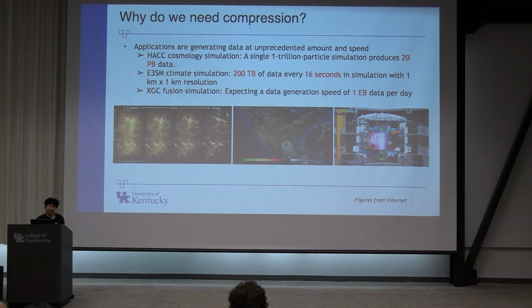An exabyte is something like 1,000 petabytes. That's a great magnitude of data compared to HACC and the climate. So those scientific simulations are producing a really large amount of data, and how to effectively manage it remains an open problem.